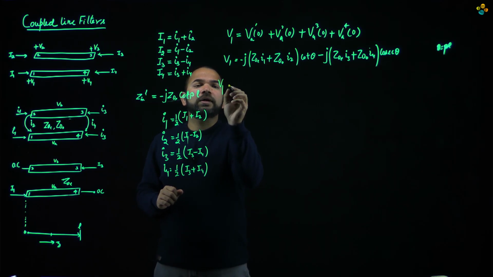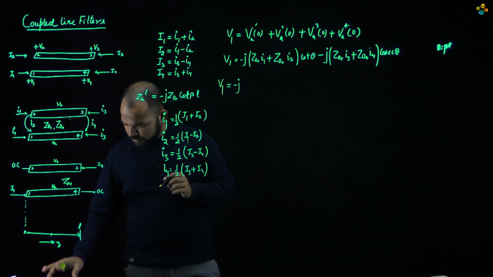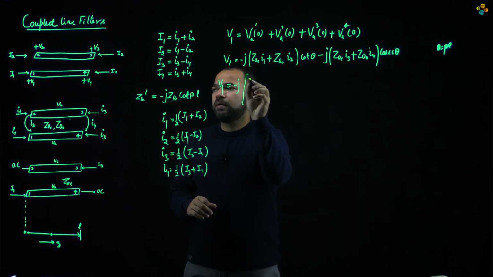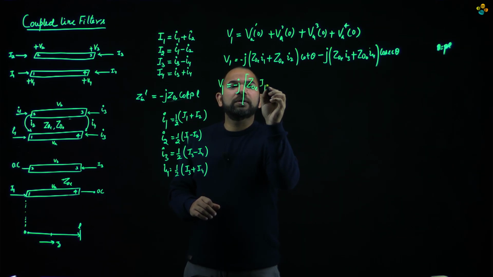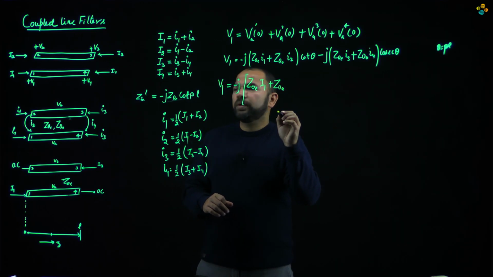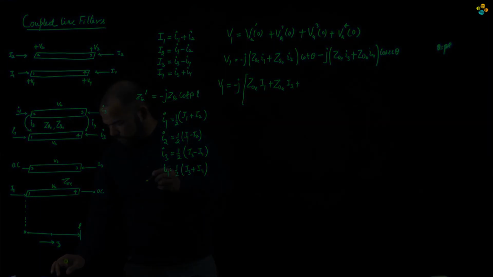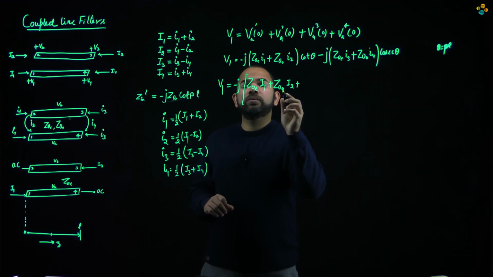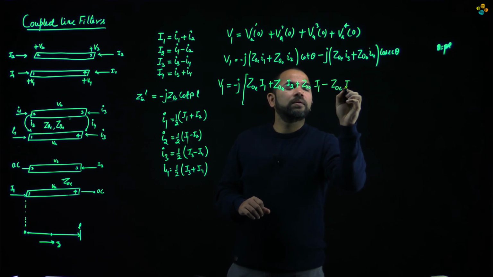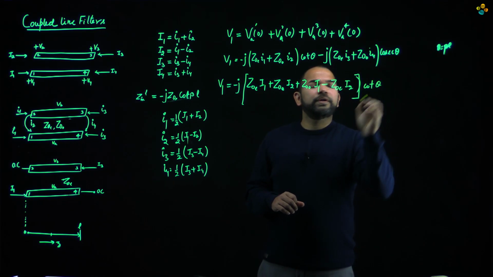Okay, so if we put these values, the simplified expression is going to be equal to Z naught, say j Z naught, (ZOE I1 plus ZOO I2 plus ZOE I2, then ZOO I1 minus ZOE I2), and this whole expression is getting multiplied with cot of theta.